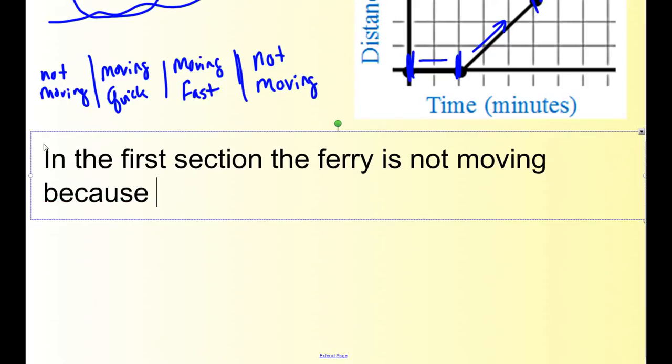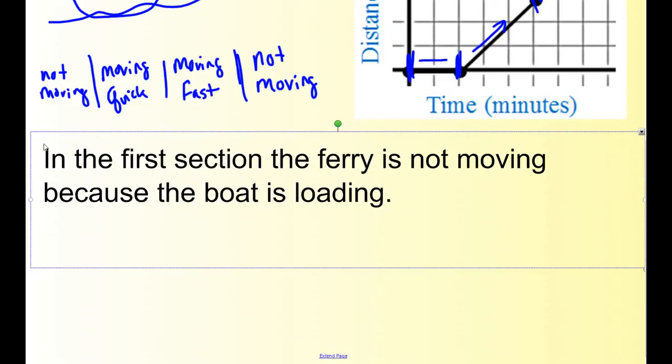Well, the boat's not going to go for no reason. It's got to get people on it or get cars on it or get containers full of stuff or something. So it's probably not moving in this first section because people are loading into the boat. Because the boat is loading.